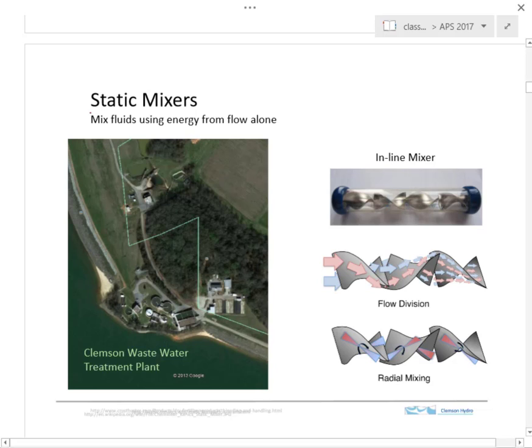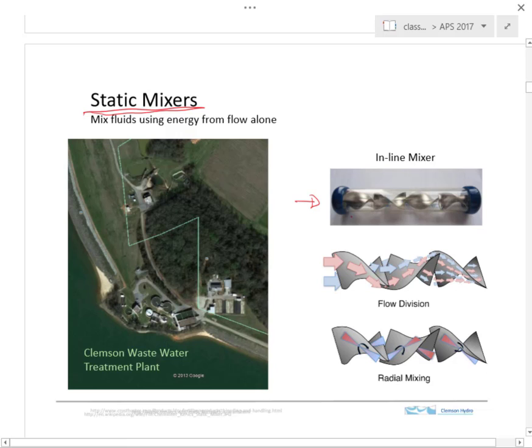One of the simplest ways is with a static mixer, and this is a device that's designed to create dispersion by basically separating flow paths and then bringing them back together. And so this is a picture of an inline mixer.